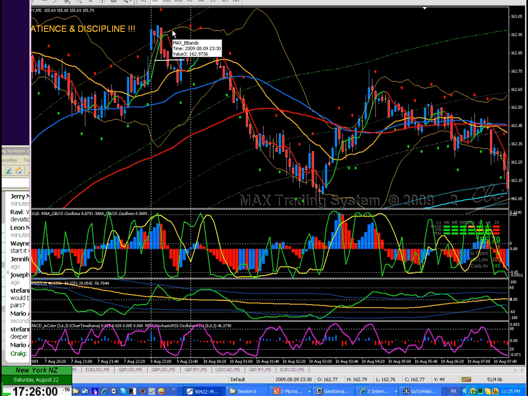Just a little remark here. It is an exception to the entry. Here you have the top of the movement, the highest high of the movement.